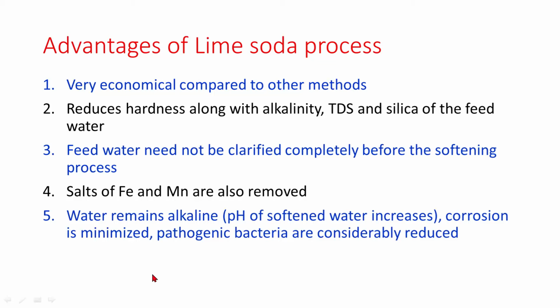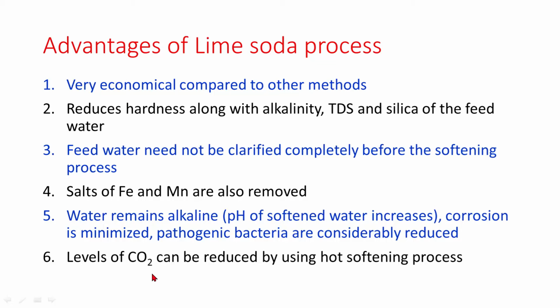Water remains alkaline, that is pH of softened water increases. Hence corrosion is minimized. Also pathogenic bacteria are considerably reduced due to alkaline nature of water. Levels of carbon dioxide can be reduced by using the hot softening process.